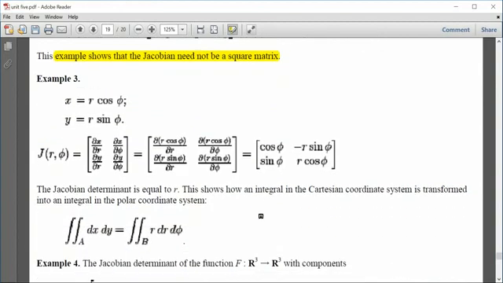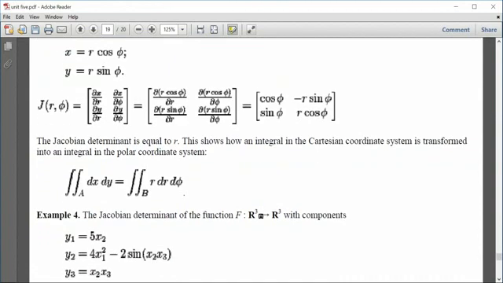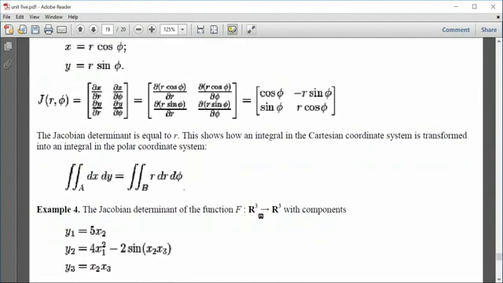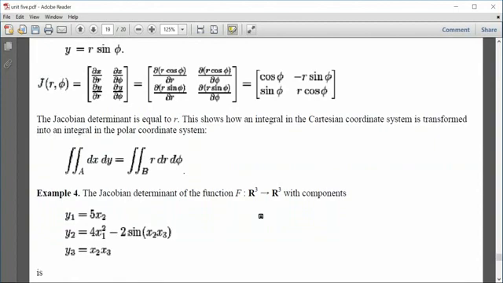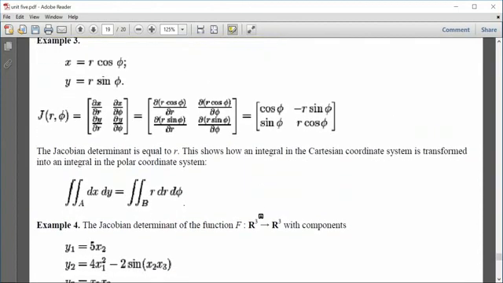Then example 3, you follow the same steps and you get the Jacobian matrix. After getting the Jacobian matrix, you use our methods of finding the determinant, and here they got r as our determinant. For this example 3, it shows how an integral in the Cartesian coordinate system is transformed into an integral in the polar coordinate system.